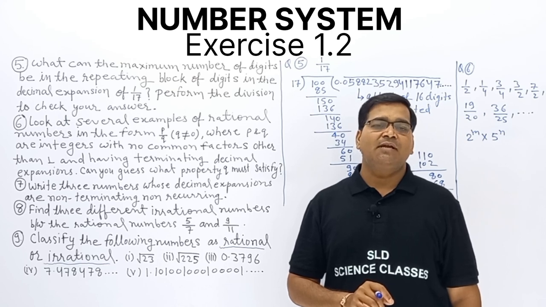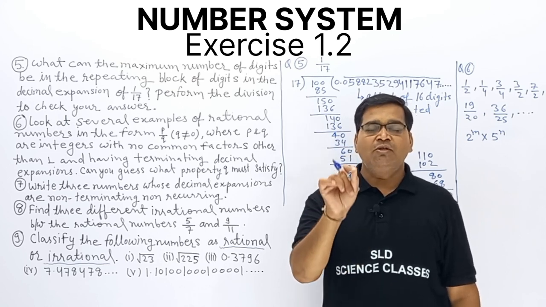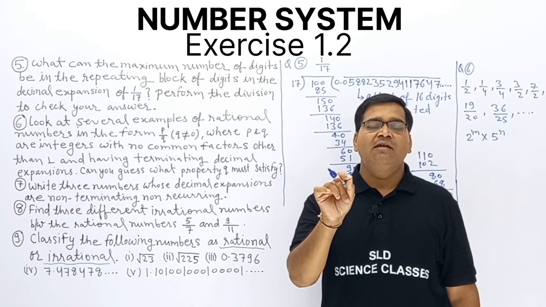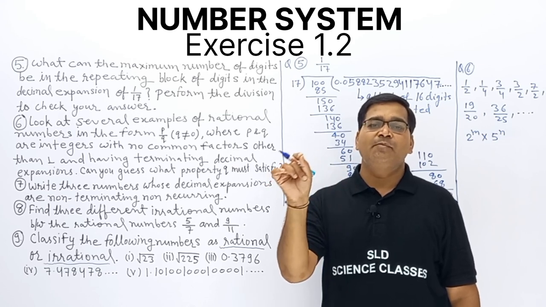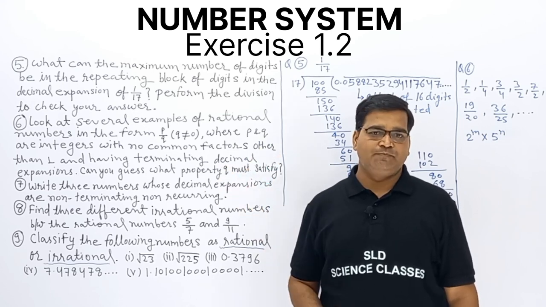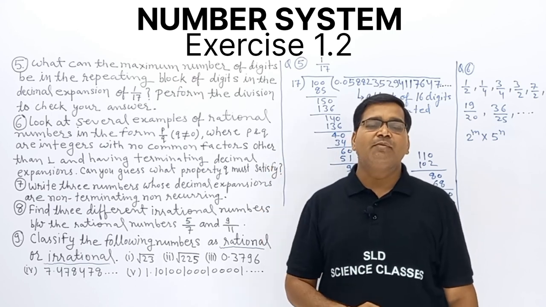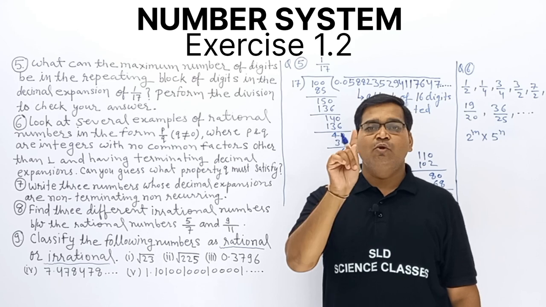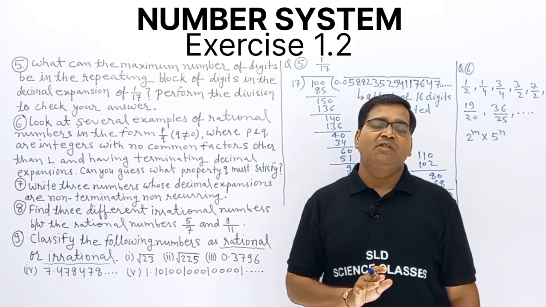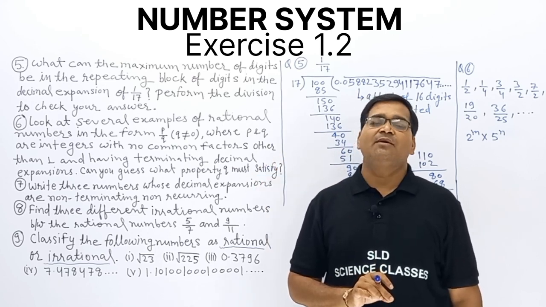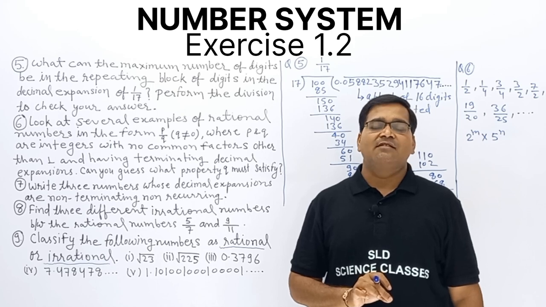And the next condition is non-terminating. In the non-terminating case, the remainder will never be 0. So if a number's decimal expansion is non-terminating repeating, then we can say that number is a rational number.